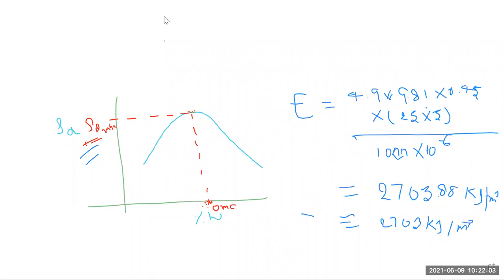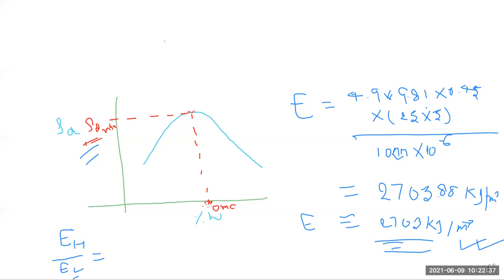This is the energy applied in which case? Indian standard heavy compaction test. Okay, this value is correct. So if we calculate the ratio of heavy compaction and light compaction test energy, we can write EH by EL, energy for heavy compaction to energy for light compaction.